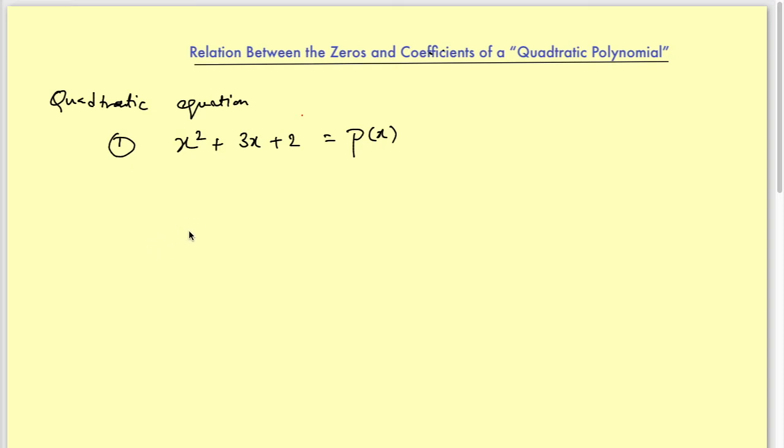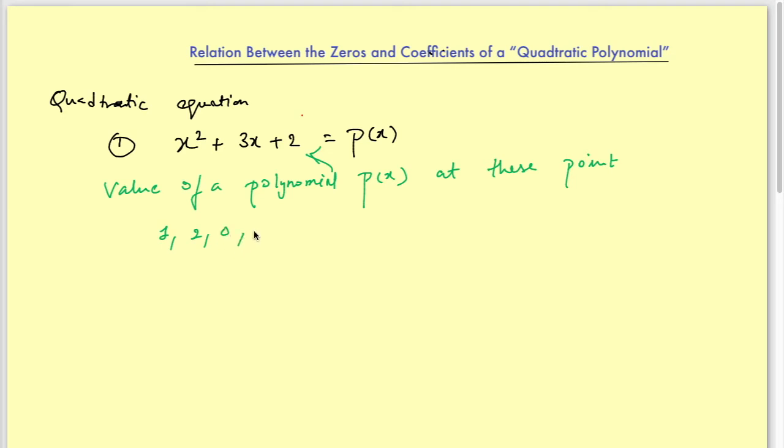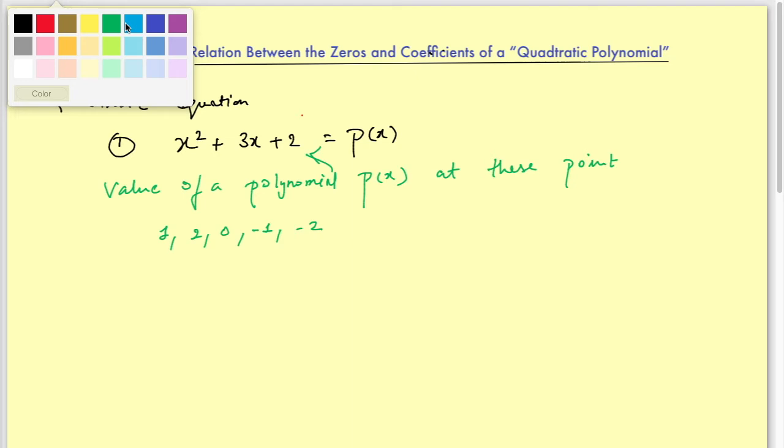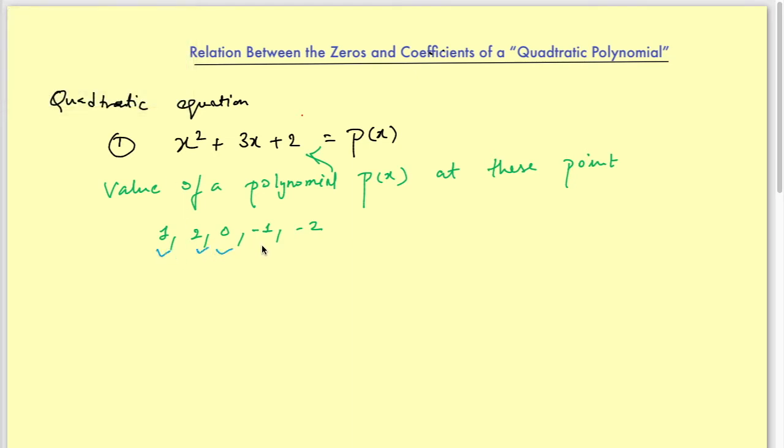So I just want you to calculate the value of a polynomial p of x, that is this one, at these points, that is 1, 2, 0, minus 1 and minus 2. So these are my points on which I need to find my value.